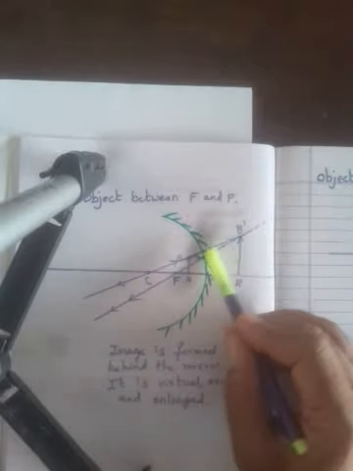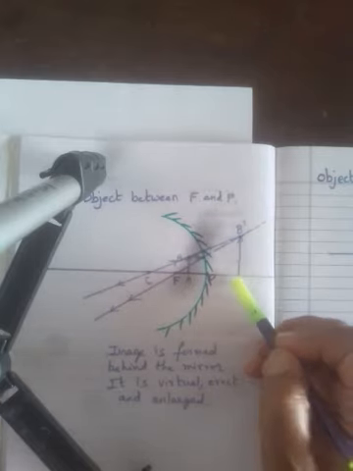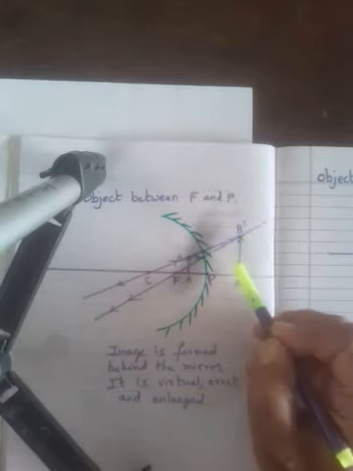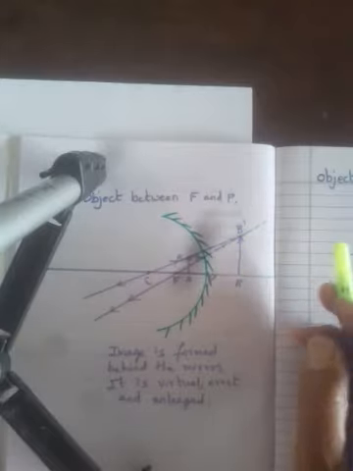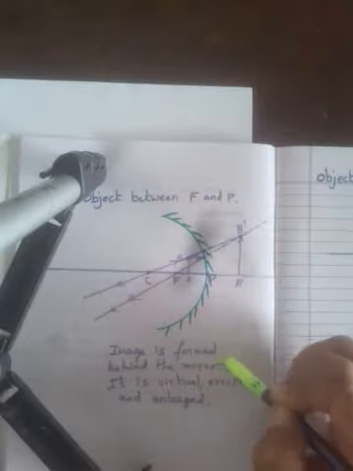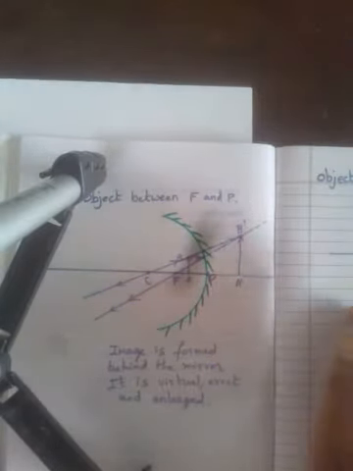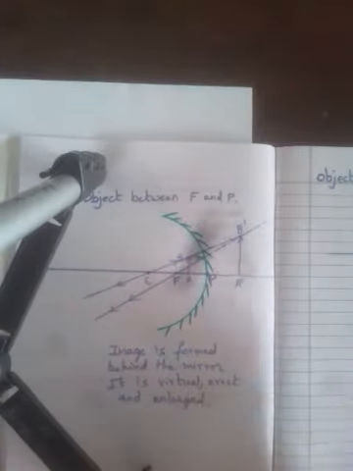But if you produce them behind, they will intersect and they form a virtual image. It is virtual, erect and enlarged, formed behind the mirror. Real images are formed in front of the mirror, virtual images are formed behind the mirror.